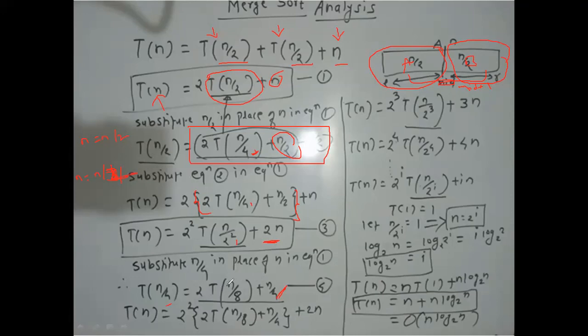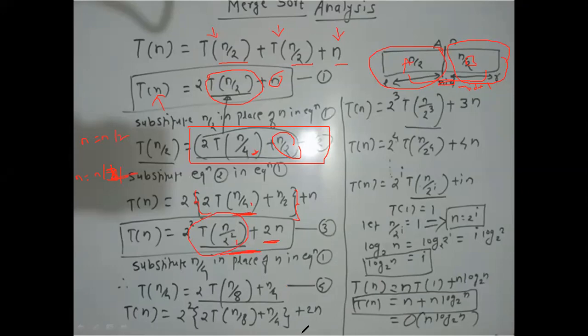Then after this, I store this n by 4 value in the above equation 3. Instead of 2 square T of n by 4, I substitute this value in this place. So then I will get 2 square into 2 of T of n by 8 plus n by 4.